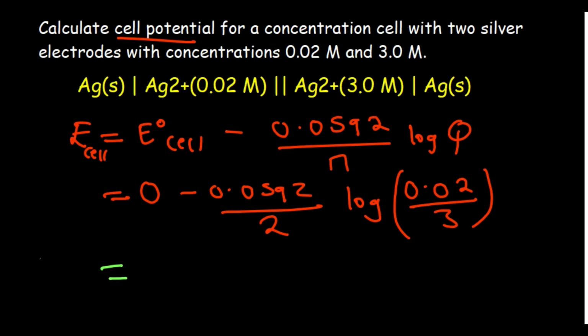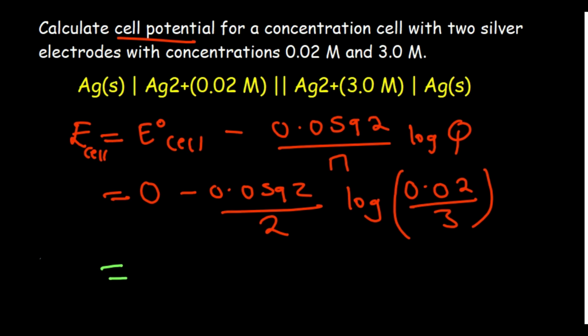Okay, so let's try to perform the calculation and see what we're going to have. So I like starting with the log part. So divide 0.02 by 3, and then take the log of the answer, multiply by 0.0592 divided by 2.